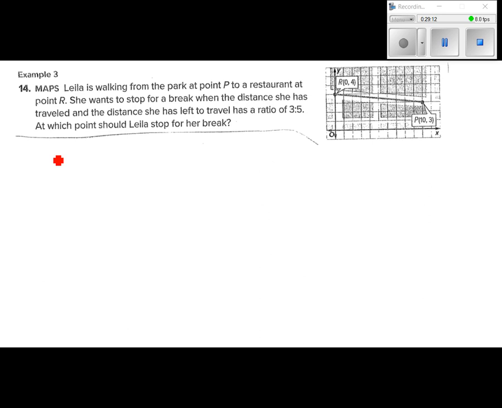She's starting at point P. What was the coordinates for point P? 10-3. And she's walking to point R, is that right? And that was 0-4, is that correct? Yeah. So this is our X1, that's our Y1, that's our X2, that's our Y2.